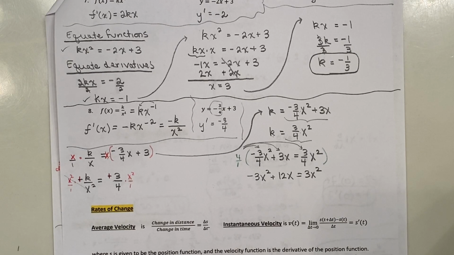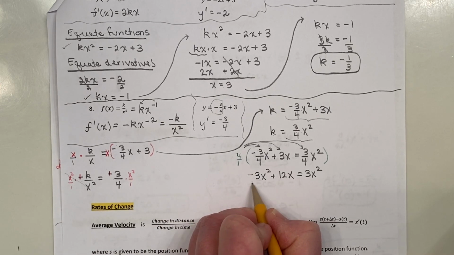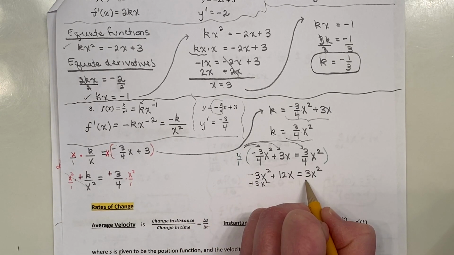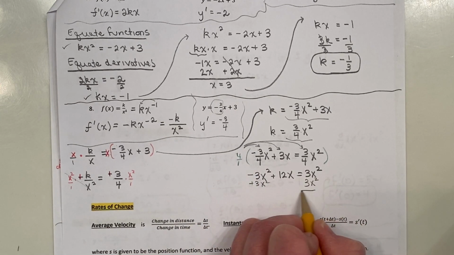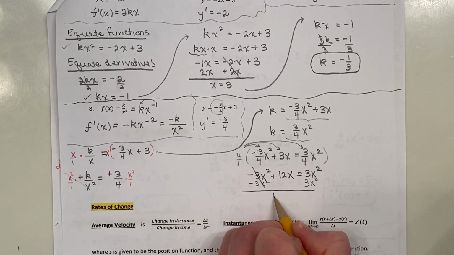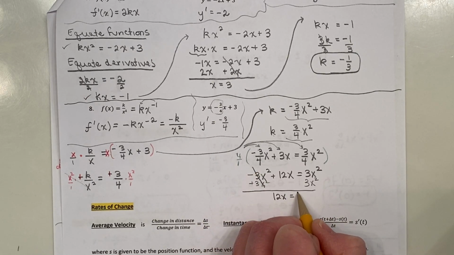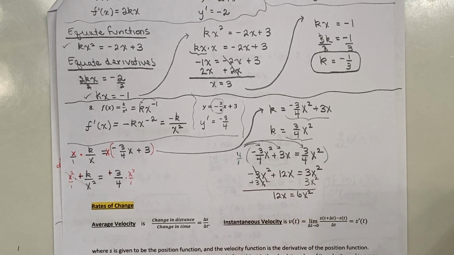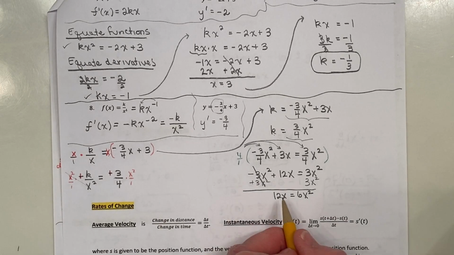I guess I'll add the 3x squared over. So let me add the 3x squared over, add 3x squared over. So 12x equals 6x squared. Now, if I'm going to solve this, I'm going to set it to 0. So I'd probably subtract the 12x over.